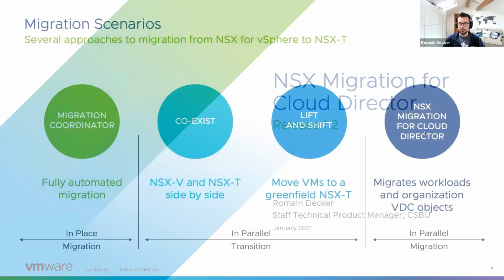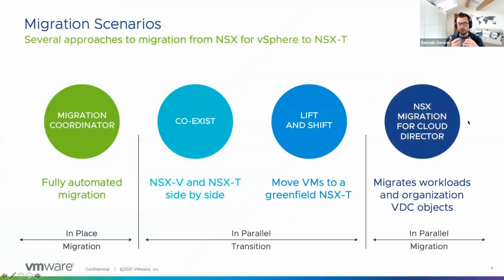Okay. So when you have NSX-V, or NSX for vSphere, and NSX-T, there are multiple scenarios that you can approach to migrate. Depending on your context, you have to use one or the other. Including in NSX-T, you have the migration coordinator, which is an in-place migration, and then you have coexistence or lift and shift.